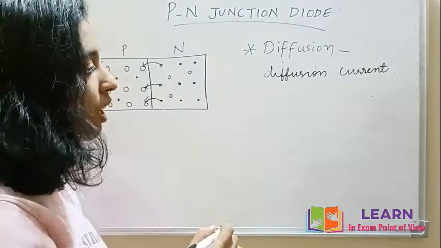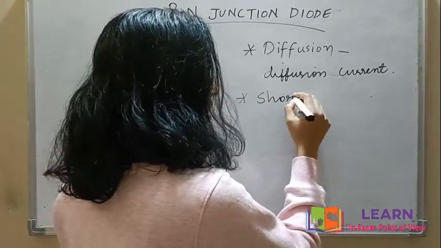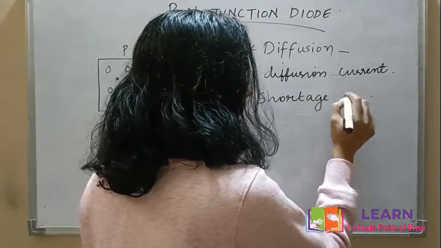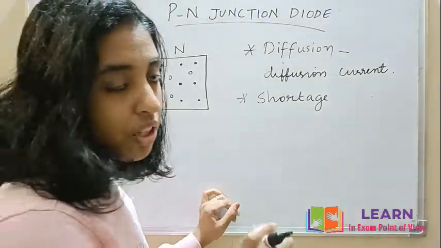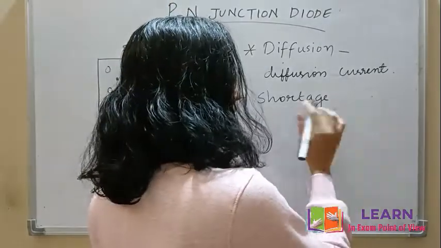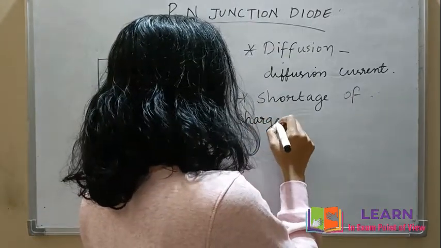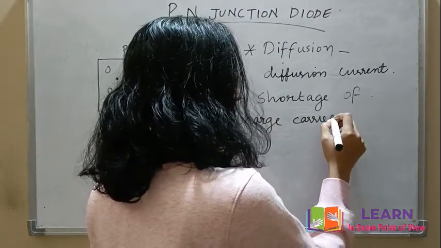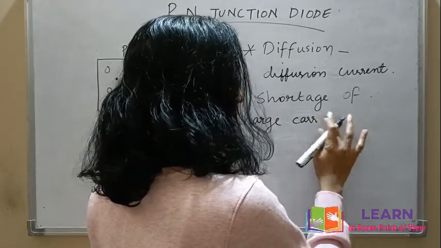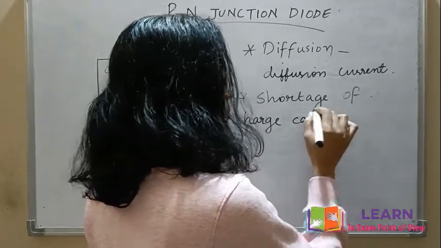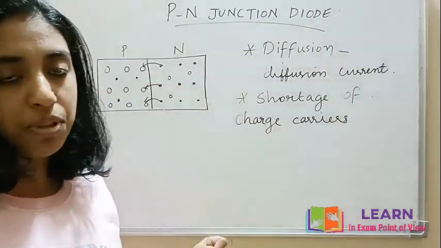So the next point you will notice is that a shortage of charge carriers occurs due to this diffusion process. Shortage of charge carriers happens.